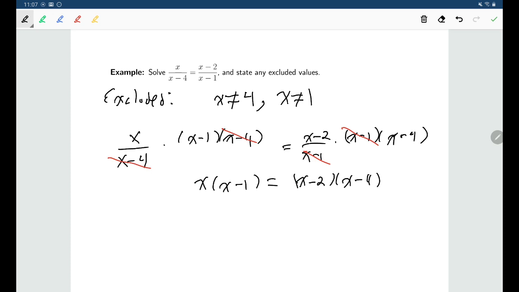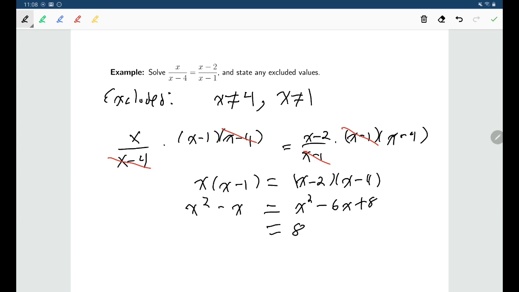And now all I need to do is just simplify. Left side, I'll expand that, x squared minus x. And on the right side, I'll expand that, multiplying that out. If you multiply it and then simplify, on the right side, that should simplify to giving you x squared minus 6x plus 8. And I'll bring all the x's to one side and all the constants to the other. So constants, there's just the 8.